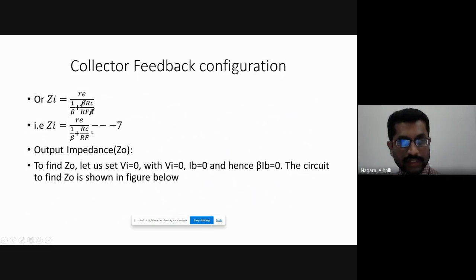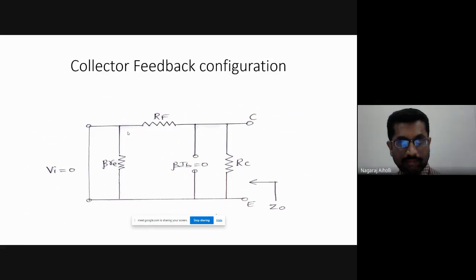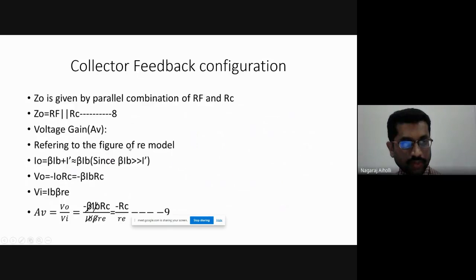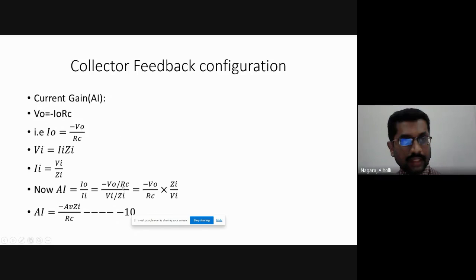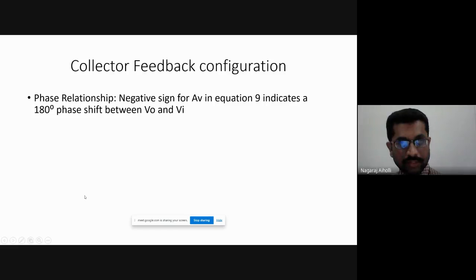Then output impedance is again RC parallel RF. Then voltage gain is minus RC by re. Again, we see they are in terms of the components of the re model. Then current gain is minus AV into ZI divided by RC. So what is this RC here, students?